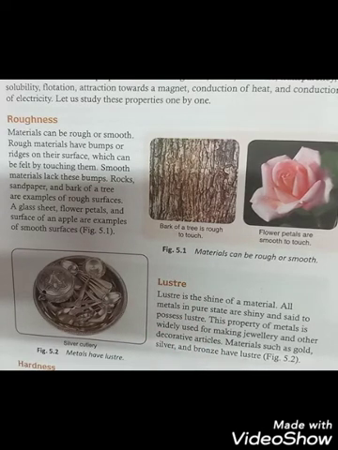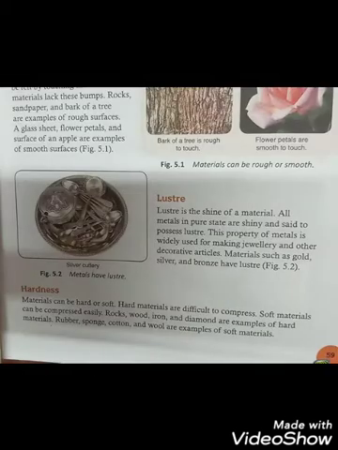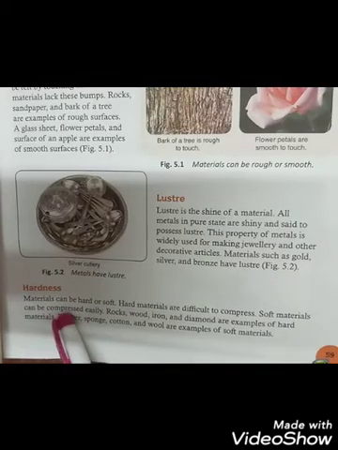You can categorize objects into a group that has luster, and another group that does not have luster, which are quite dull. This is also one property of materials by which we can sort them into groups, that is luster.